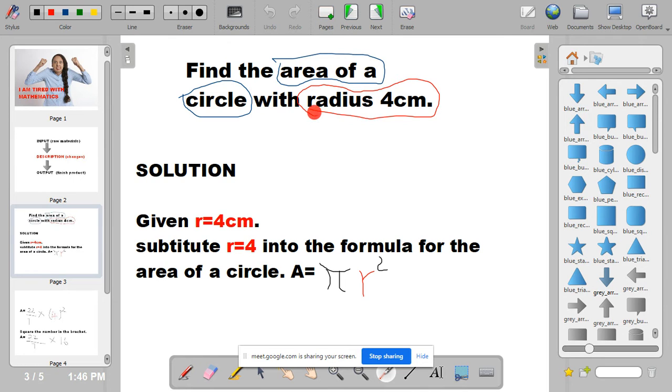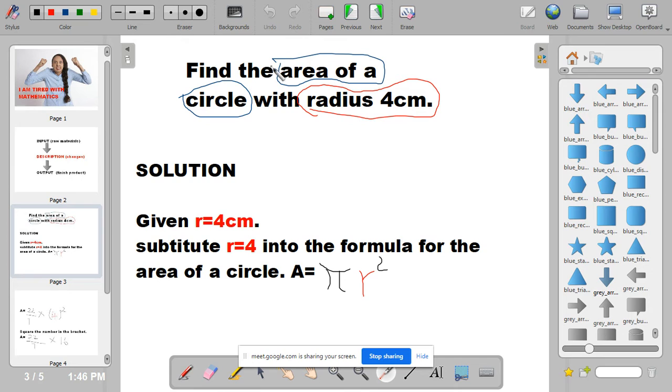Here we are given the radius of 4 centimeters. So this radius here will be our input, the raw material. And this will be our starting point. So let's say suppose this is our solution. Given r = 4 centimeters, because this is what we have been given. What are we looking for?